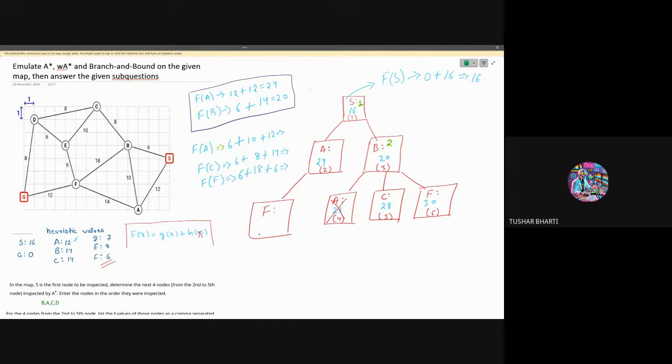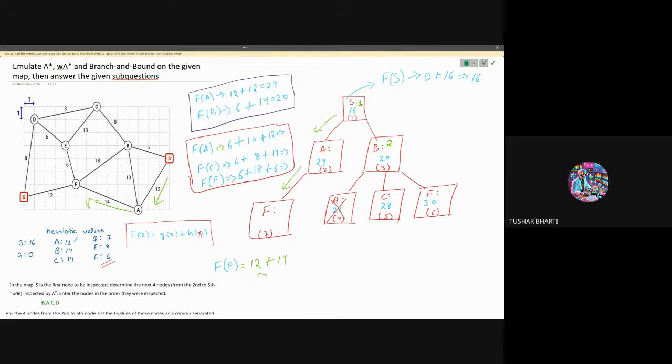F, this is the seventh one. And what will be the cost for this? The cost will be f of F. F of F will be, this time we will take this one, S to A and A to F. S to A is 12, 12 plus A to F is 14.